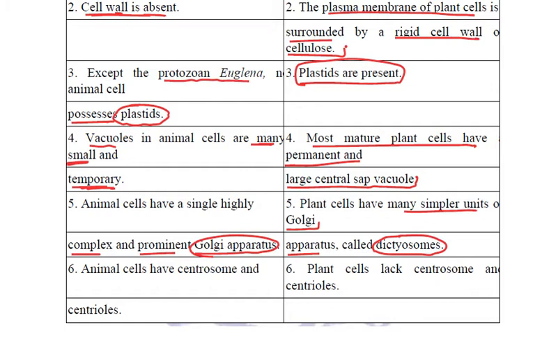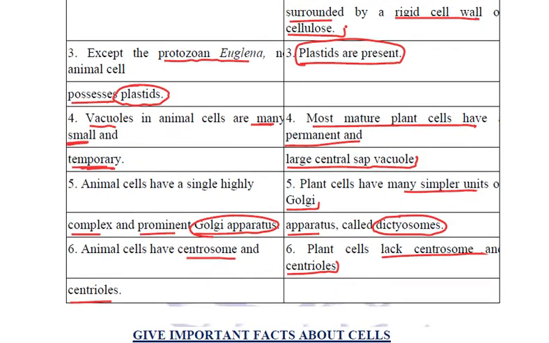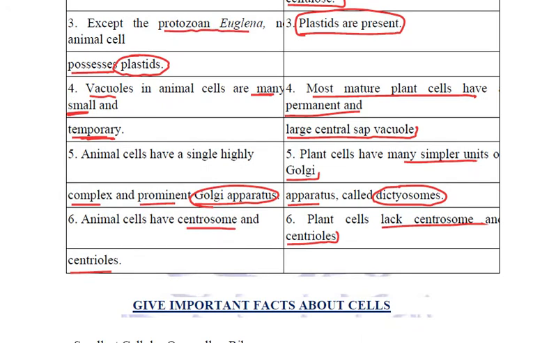But animal cells compensate for these lackings, as they have centrosome and centrioles, which are lacking in plant cells. Plant cells lack the centrosome and centrioles. So these are a few basic differences between plant cells and animal cells.